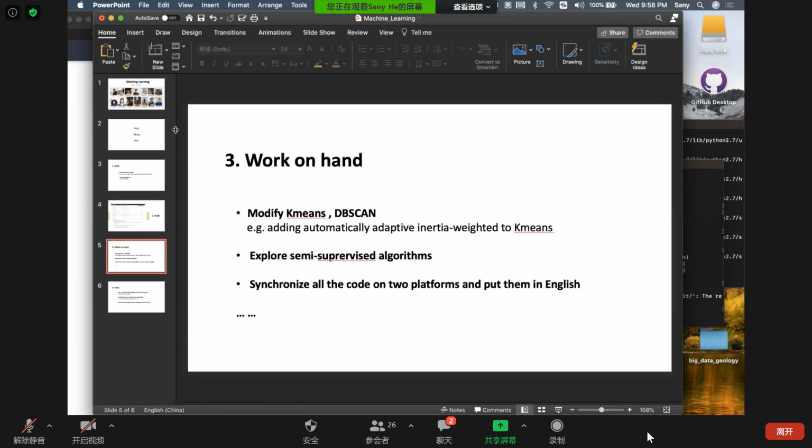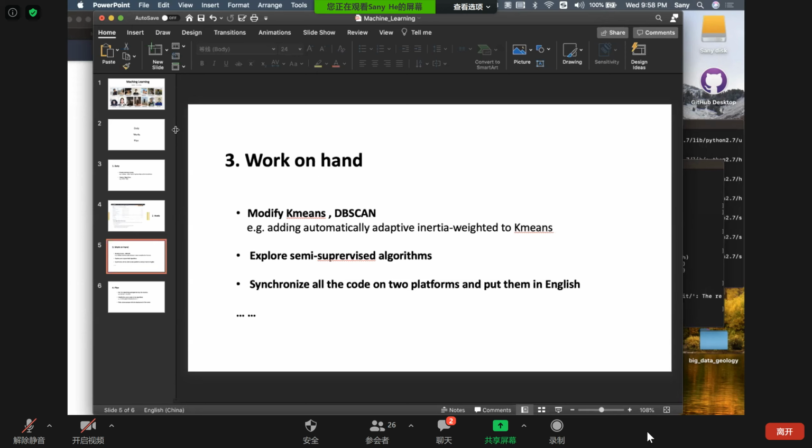And the second thing is that we actually have two people working on two different kinds of clustering algorithms. The first one is K-means, and he is trying to add some methods like automatically adaptive inertial weighting to K-means. And the second one is about DBSCAN, and Sunxin is working on it.